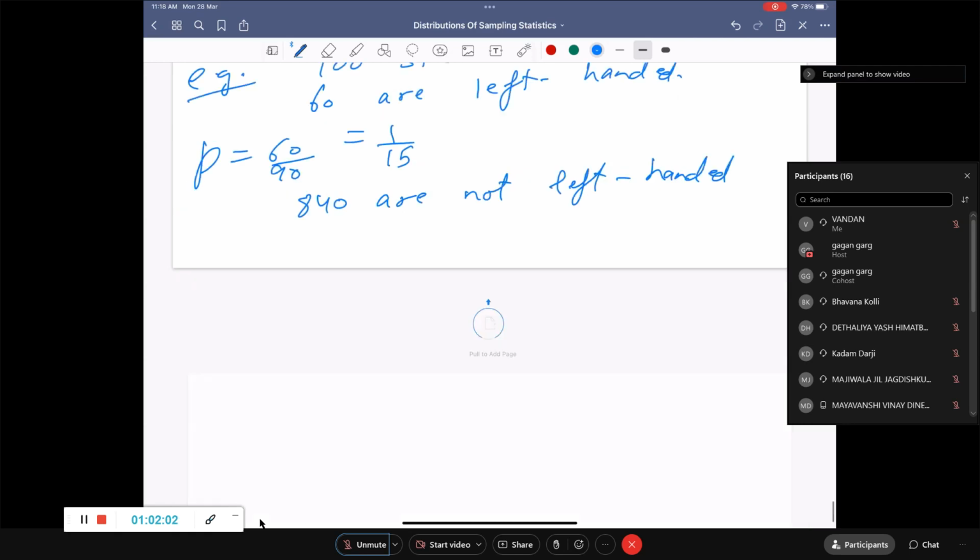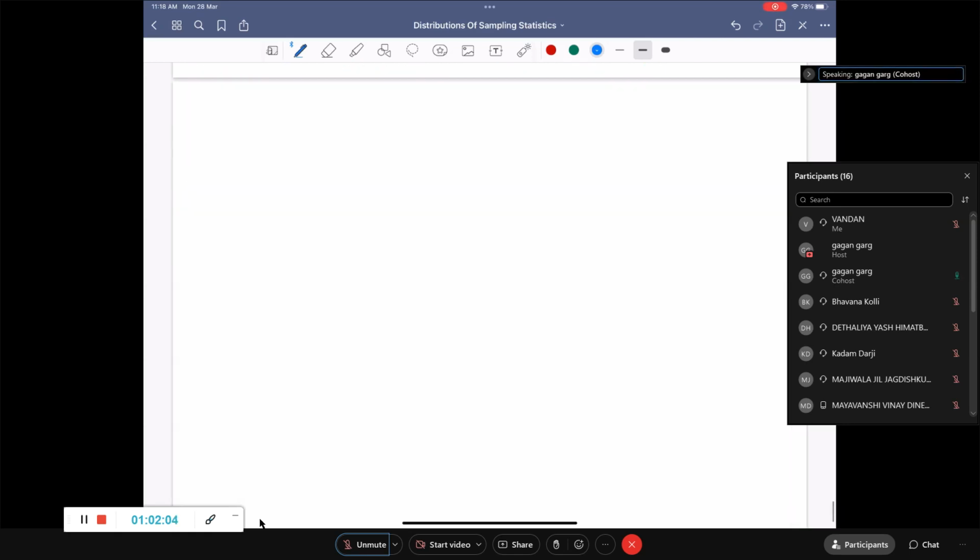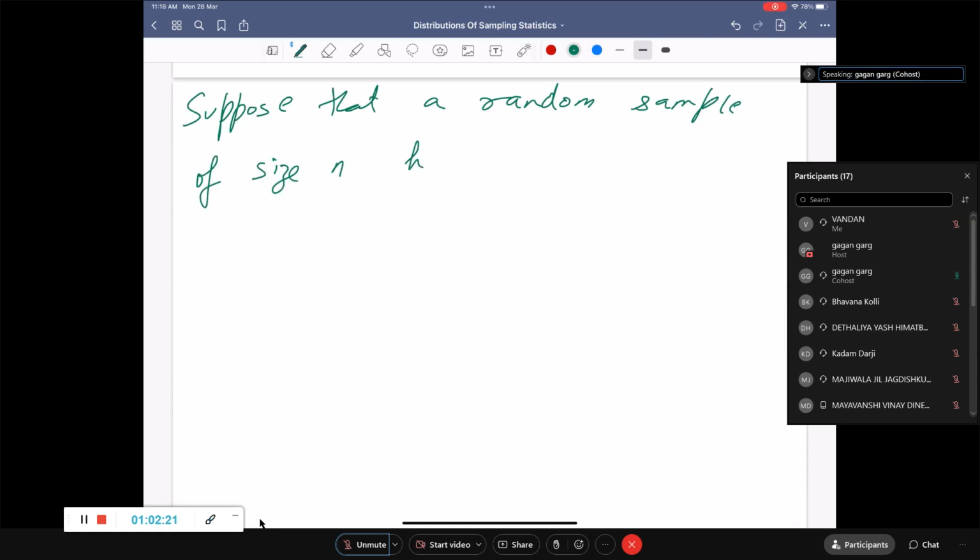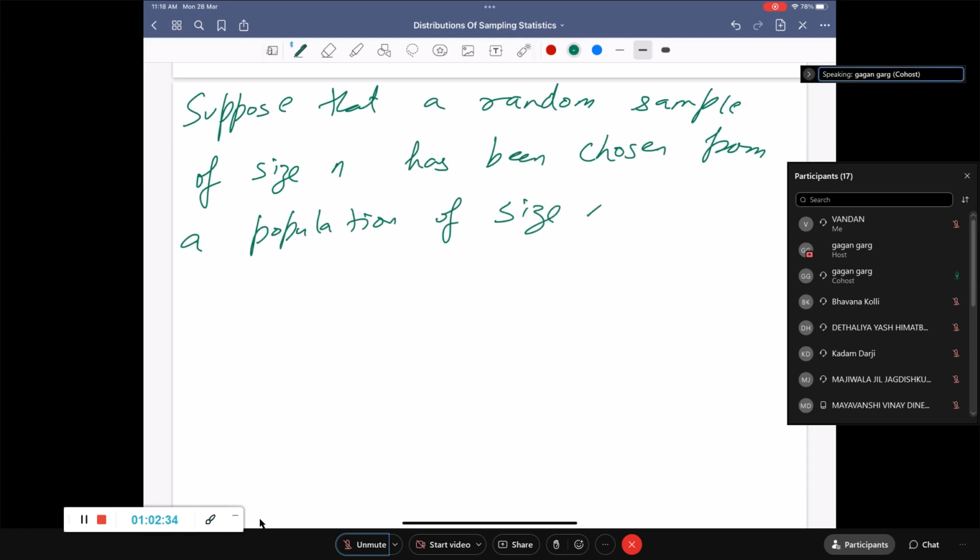Okay. So now talk about random sampling. We are assuming that the problem is solved. So suppose that a random sample of size n has been chosen from a population of size capital N. So assume that the random sampling has been done.